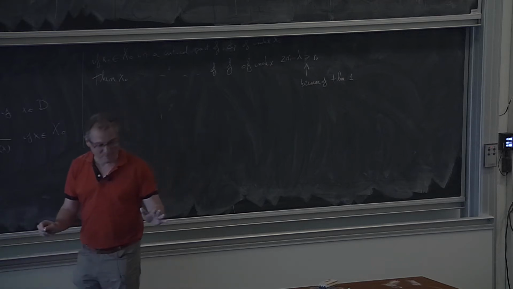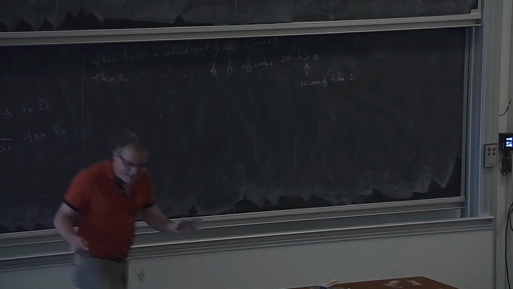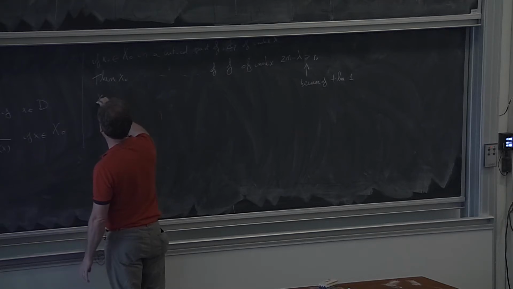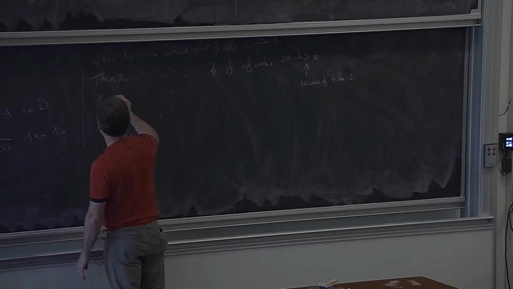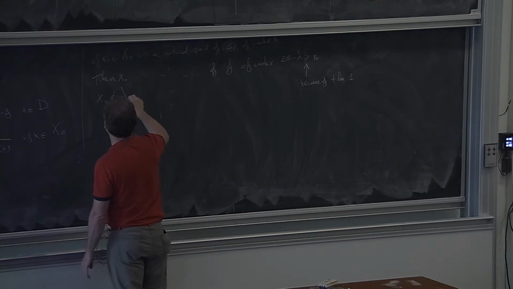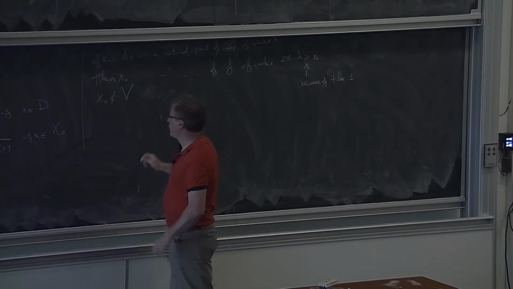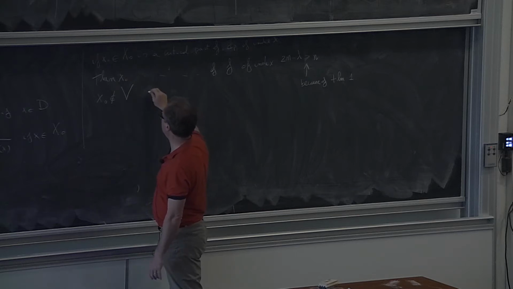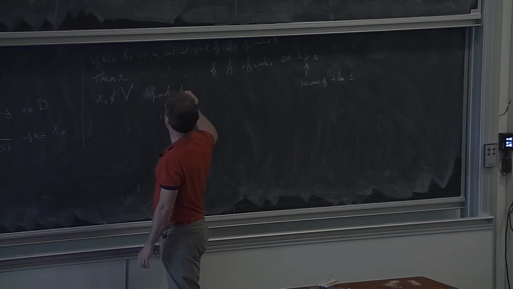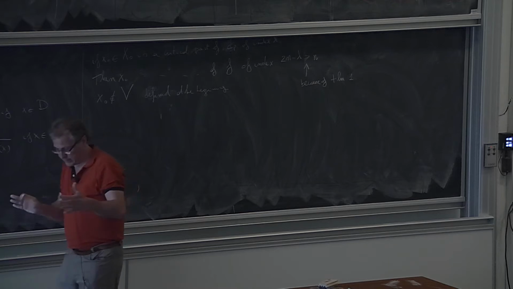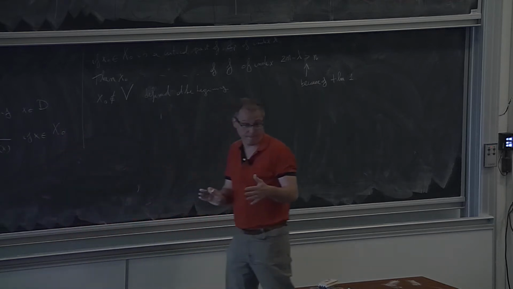Either don't care about this problem, which is the correct attitude, but otherwise you just suppose that x0 is not in this V which we defined at the beginning of this proof, or even something a little bit smaller than V, okay?